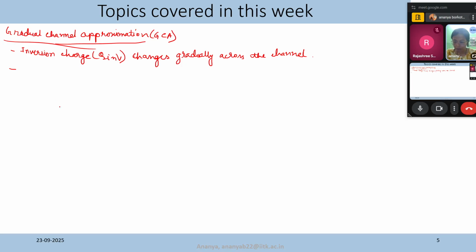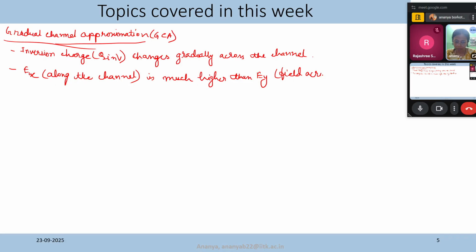And our electric field in the X direction, along the channel, is much higher than EY, across the oxide.